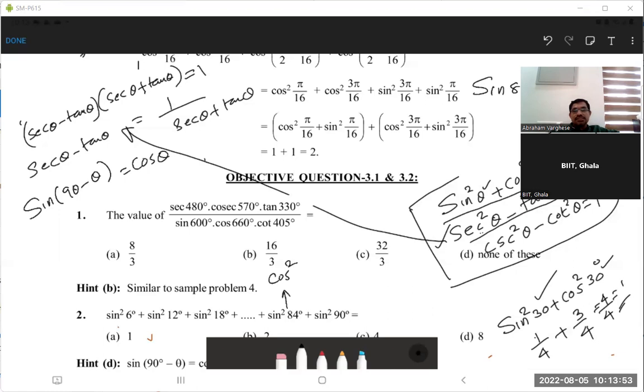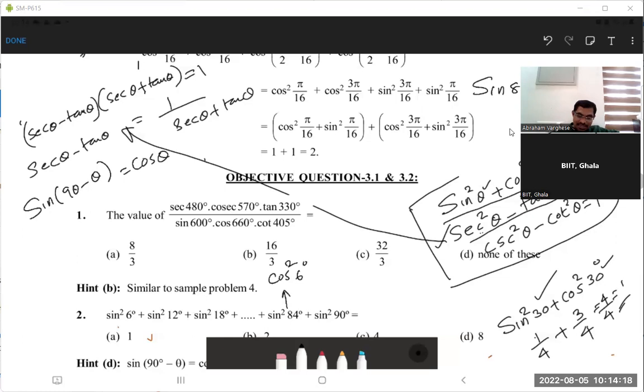Yes, it is equal to cos 6 degree, correct. Because sin and cos are complementary functions, sin 84 equals cos 6 degree. Therefore, sin square 84 equals cos square 6 degree.